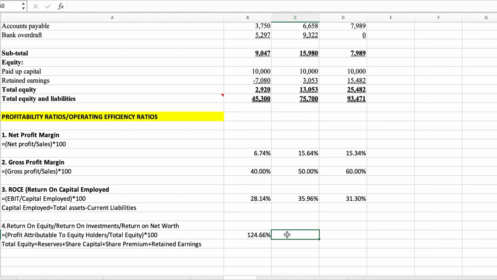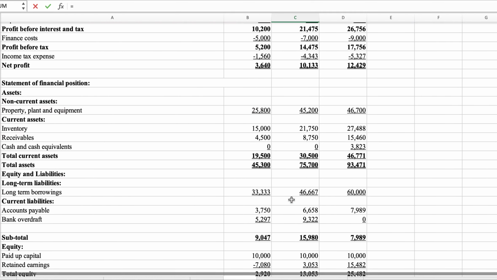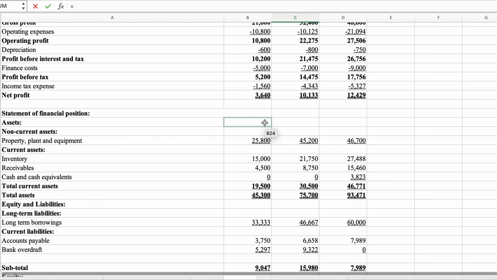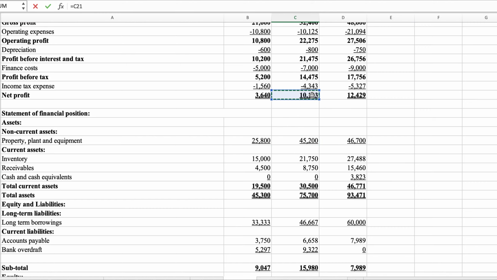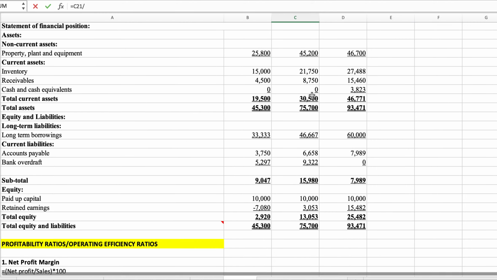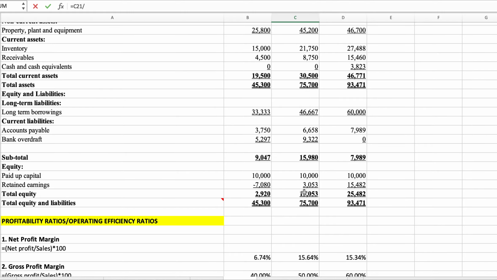What about the subsequent year, which is 2021? Our profit attributable to equity holders, which is the same as the net profit here, you divide by our total equity, which is this one.